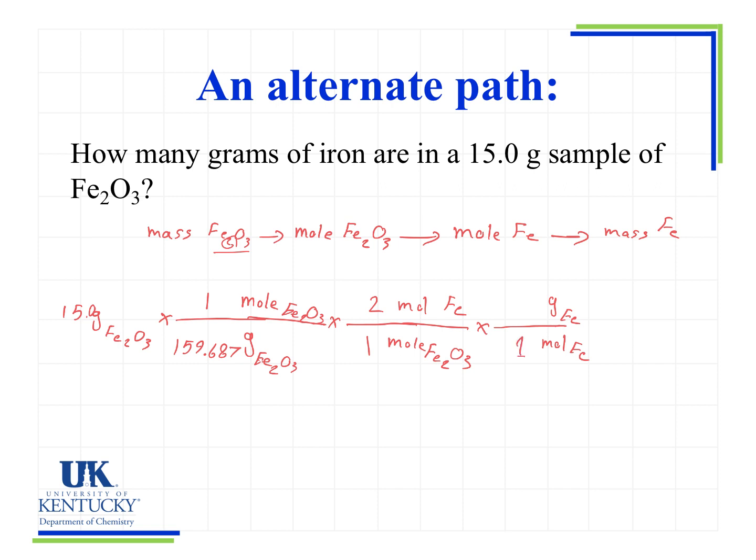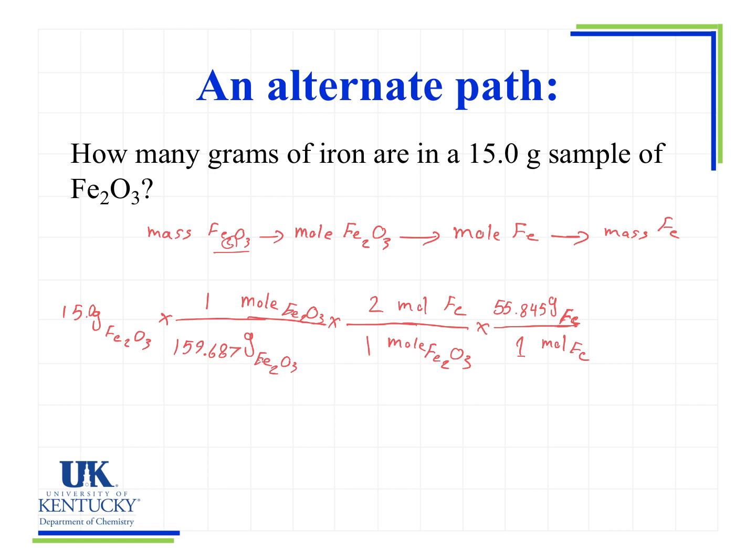So 1 mole of Fe is 55.845 gram of Fe, and you can find it in the periodic table. Okay, and that's what I need.